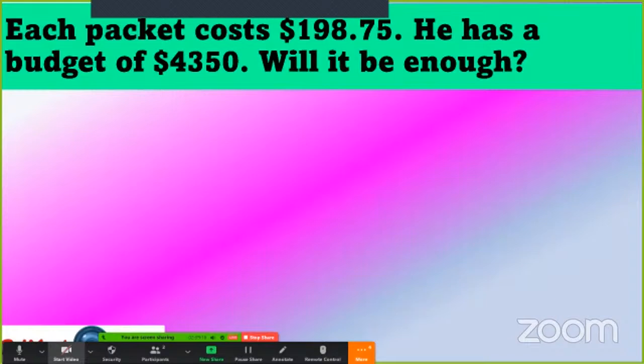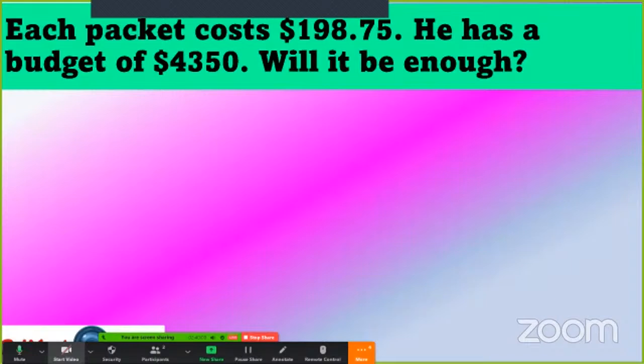Then I subtract them both. I subtract 4,350 and 3,776.25, and the change is $573.75. All right. So you're saying he can buy it and have change left. Yes, miss. Oh wow. So all right.